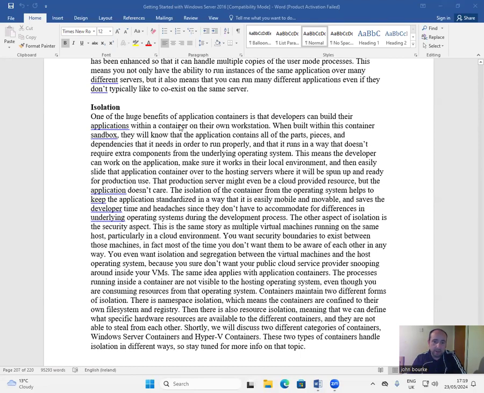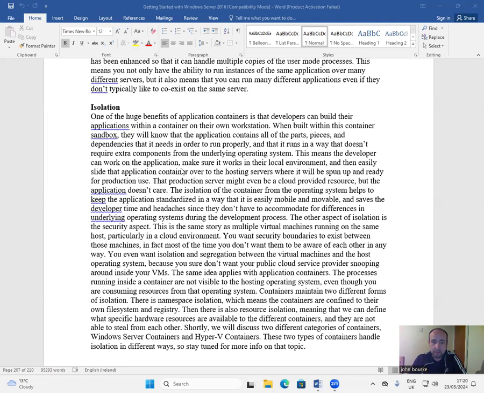Isolation. One of the huge benefits of application containers is that developers can build their applications within a container on their own workstation. When built with this container sandbox, they will know that the application contains all of the parts, pieces, and dependencies that it needs in order to run properly, and that it runs in a way that doesn't require extra components from the underlying operating system.